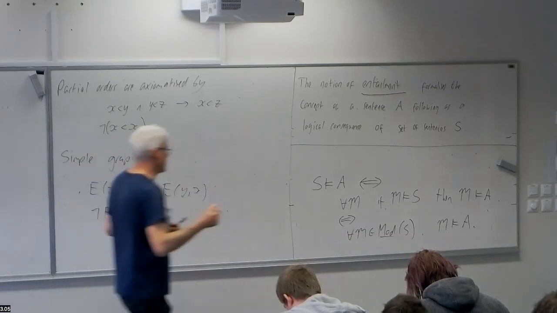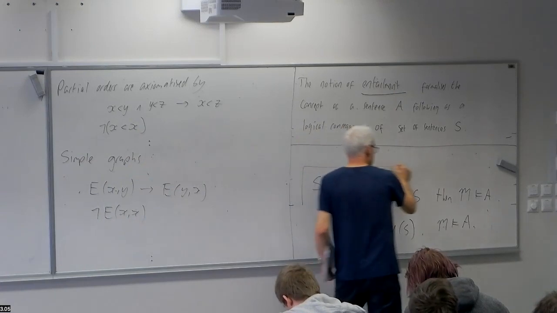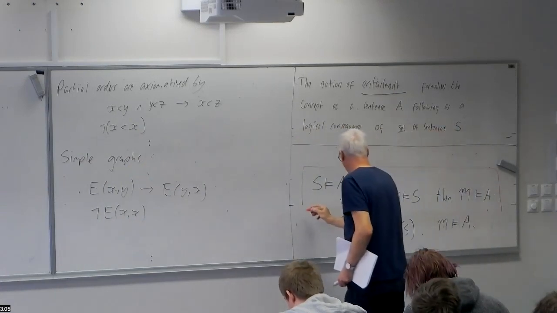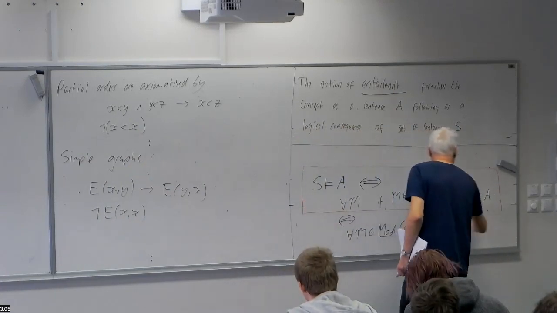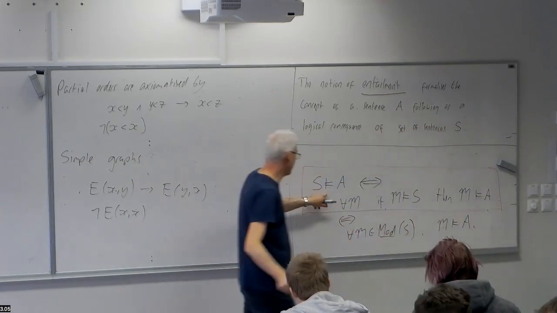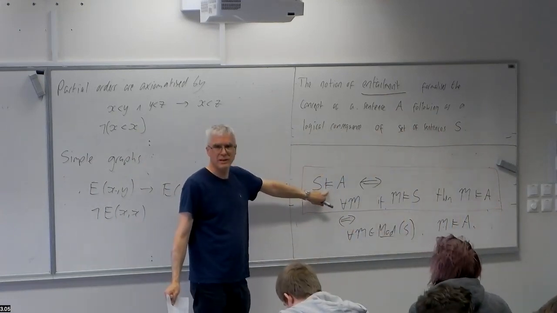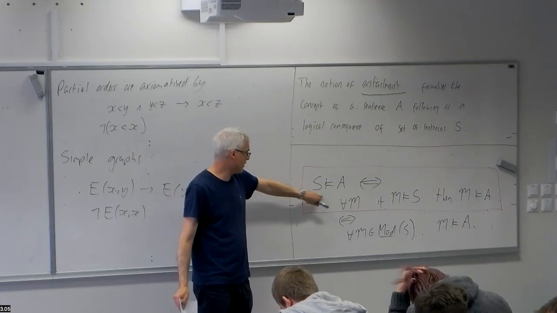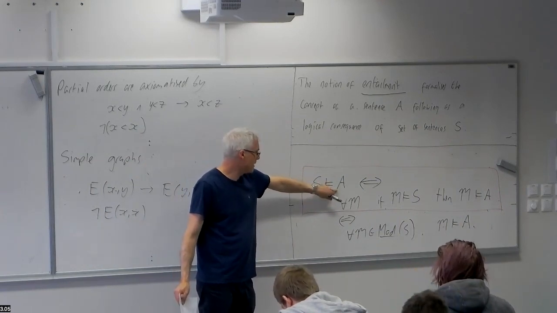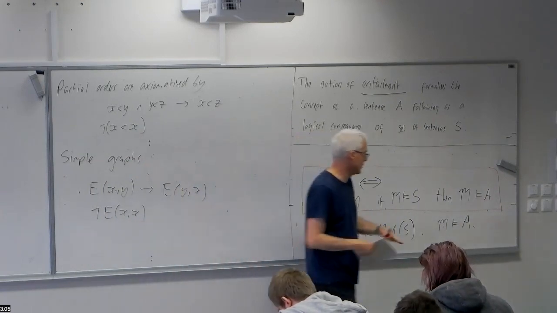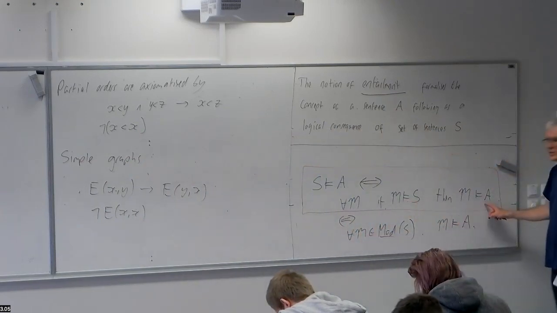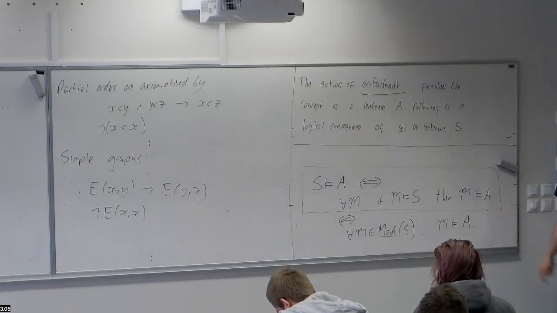Let's just box the main definition. Okay, so now we do have our fourth version of this symbol here, where we've got the set of sentences on the left and the sentence on the right, defined in terms of the third version and the first version of the symbol.